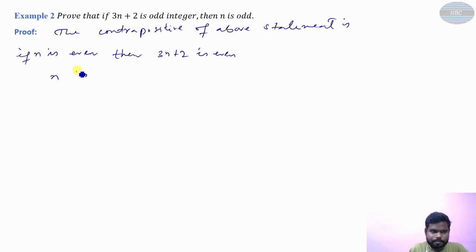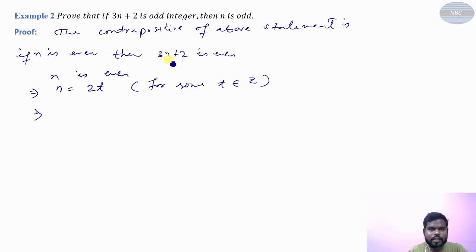Start with n is even, which implies n is equal to 2t for some t belonging to the integers Z. Now 3n plus 2 can be written by putting the value of n here: 3 into 2t plus 2 is equal to 2 into 3t plus 1.